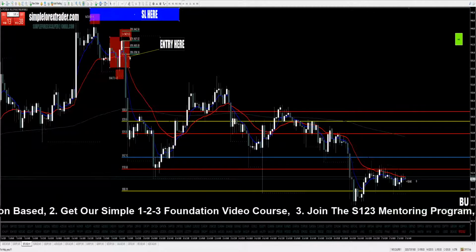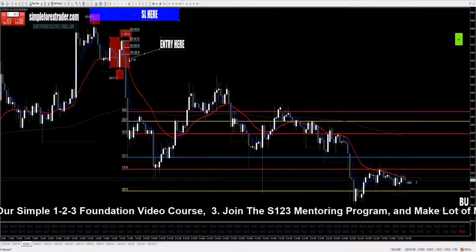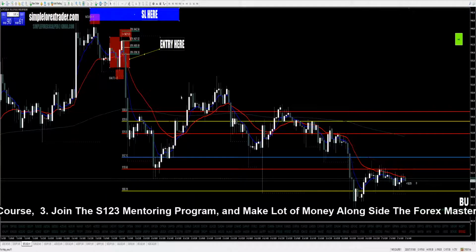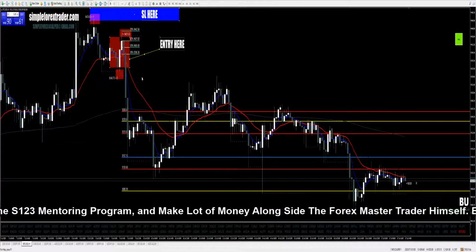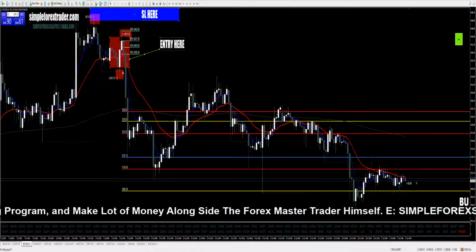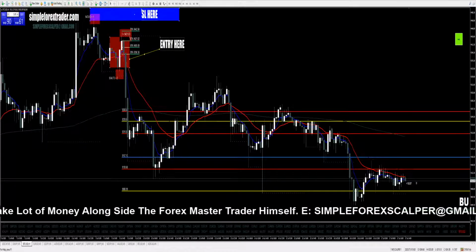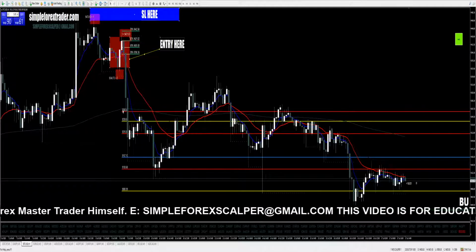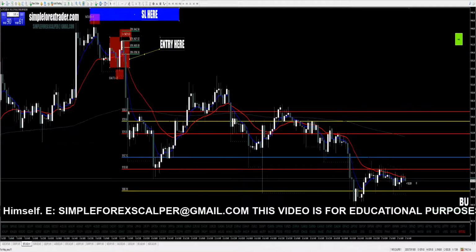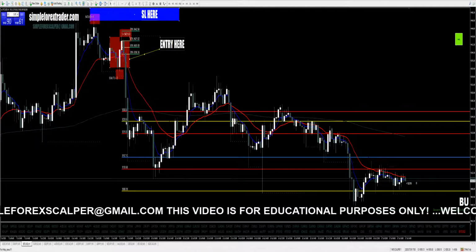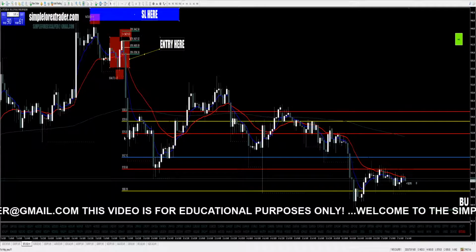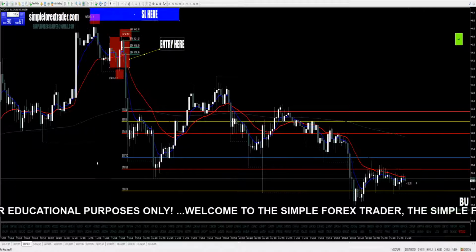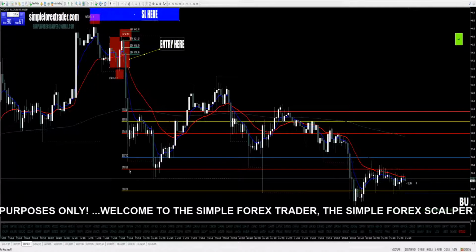So guys, the entry is actually in the red box, okay? In the red box. And once you enter a sell, it will automatically give you the targets. So you've got the first target here, 92.64, second 93.38.6, third 92.10.8, and you've got the fourth, the fifth.